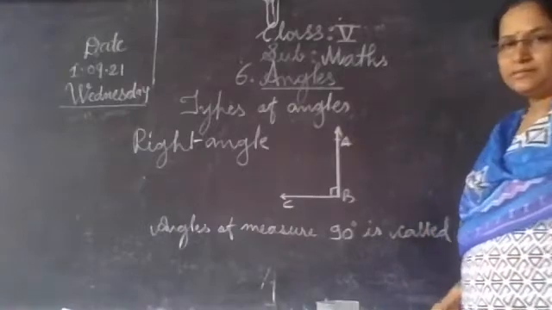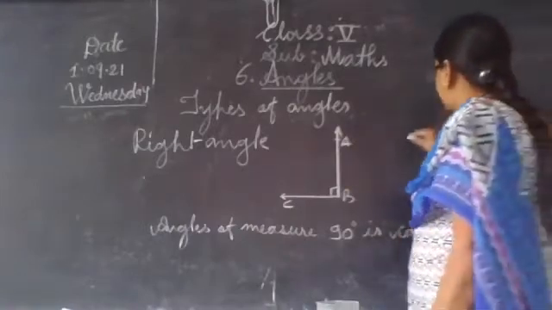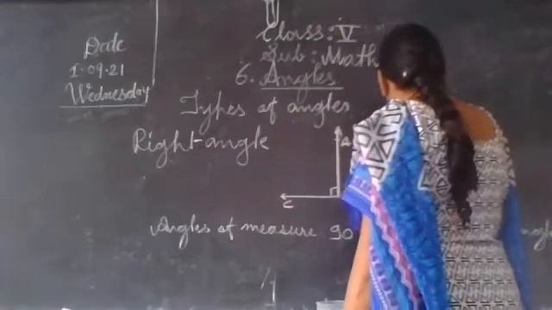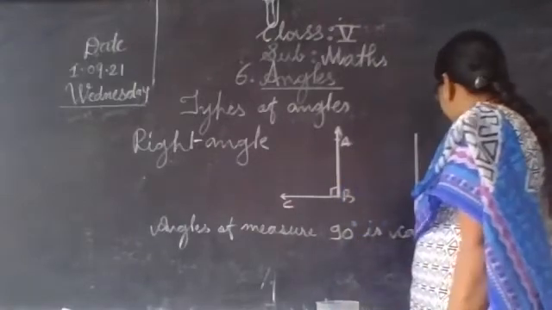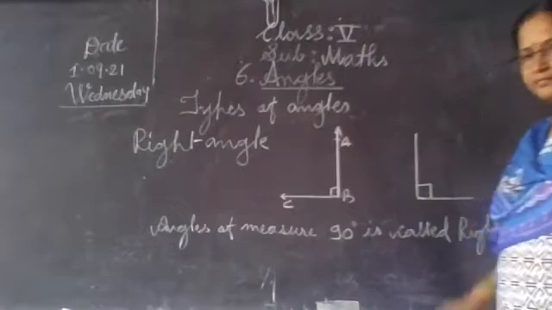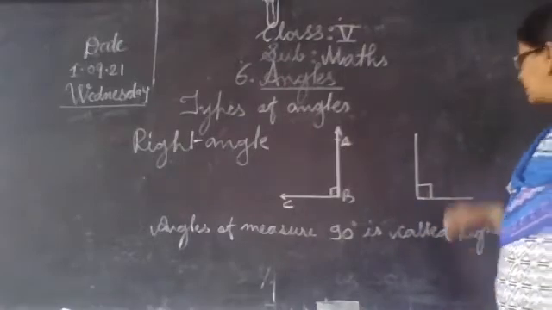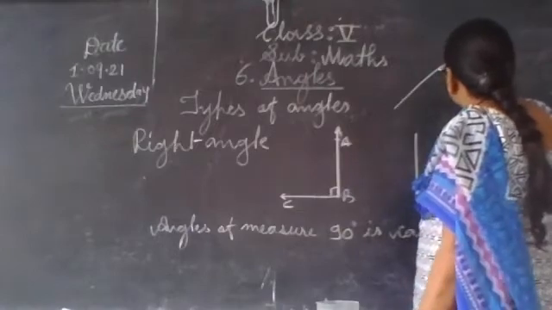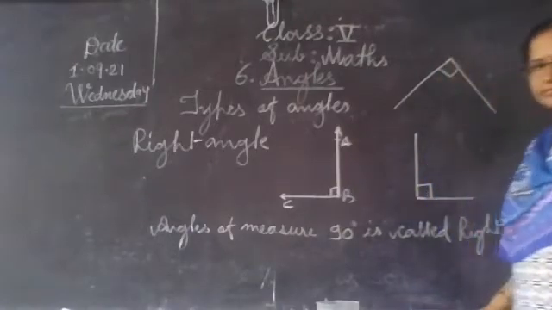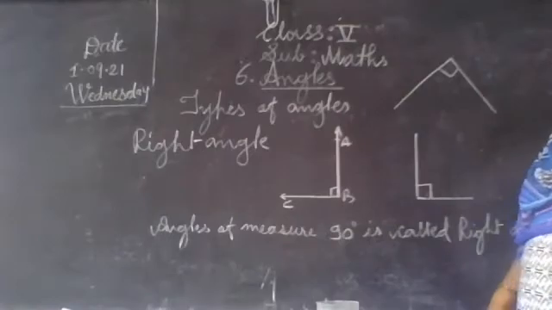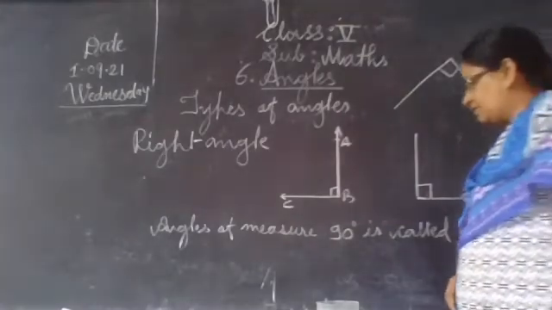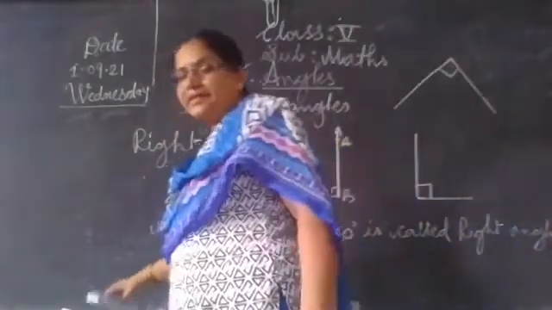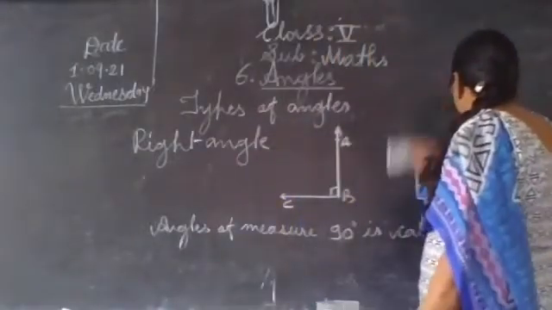It may be drawn like this, with the small square, or like this. So it is also a right angle, meaning a 90 degree angle.